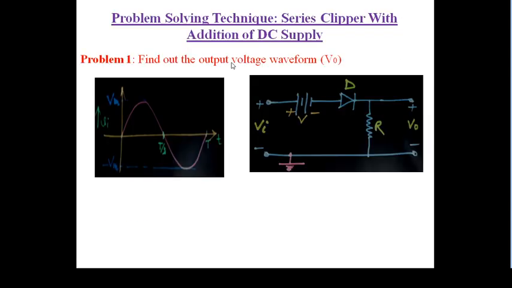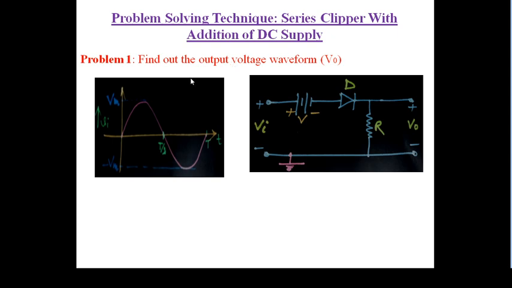Now we just go for some numericals: how to solve a series clipper with the addition of a DC supply voltage. So here we are taking a problem to solve the clipper circuit.